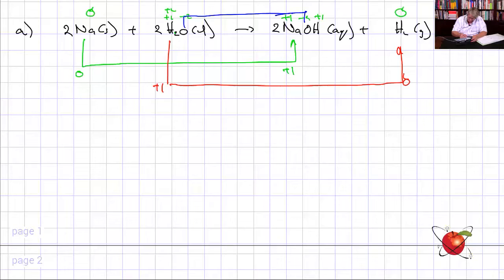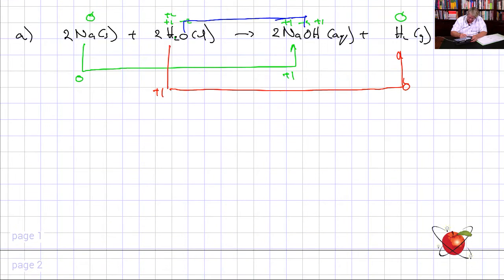Now let's put these two together, because it's quite critical the way we look at it. If you've got the half reaction schedule with you, of course you can use that as well. But let's see how that's built up. First of all, the sodium, Na, went to Na+.